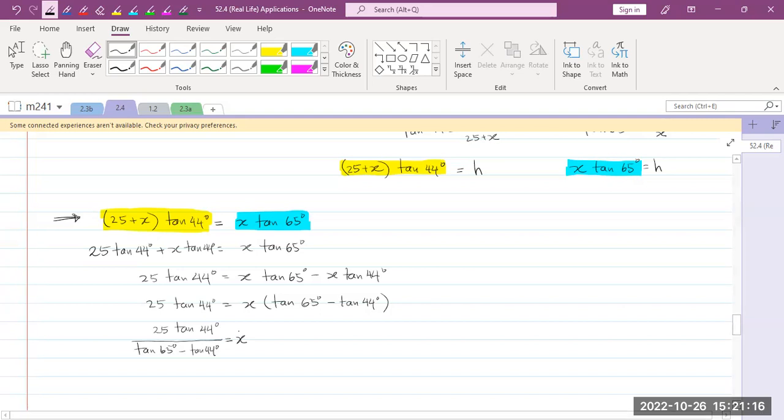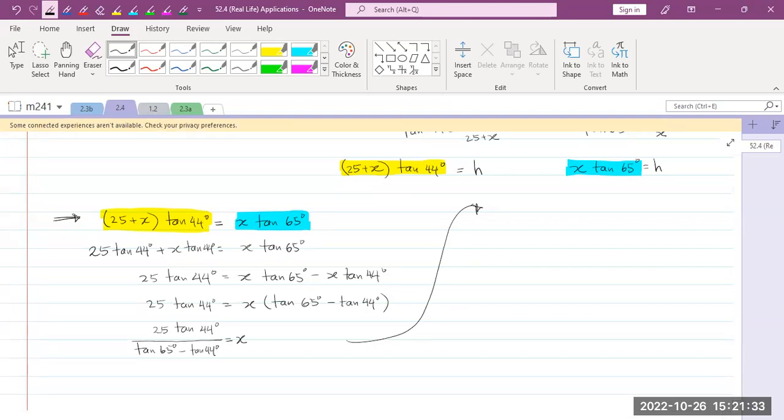Okay. Now, once we get that x, we will plug that into either one, the yellow one or the blue one. I think I will put it in the blue one. Okay. Let's compute that first then.